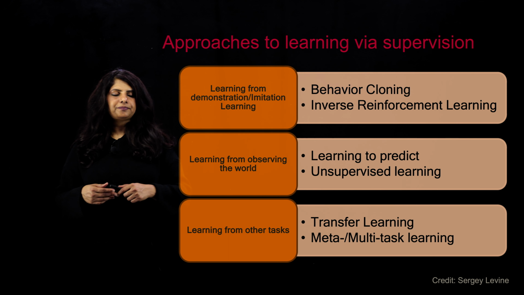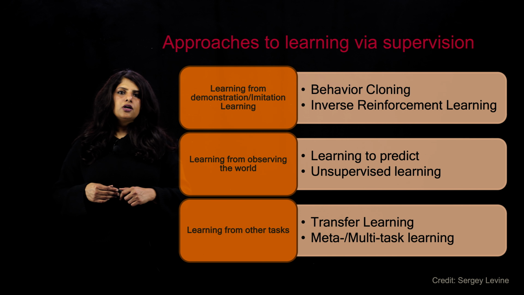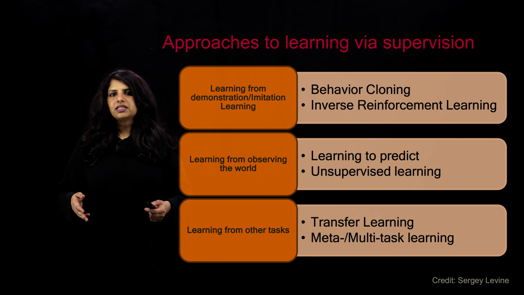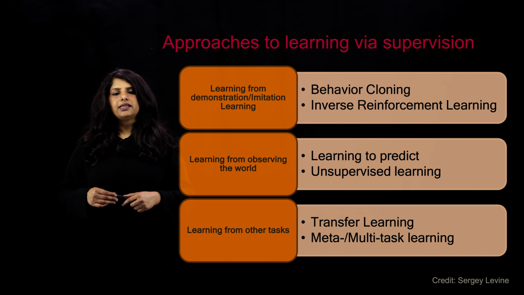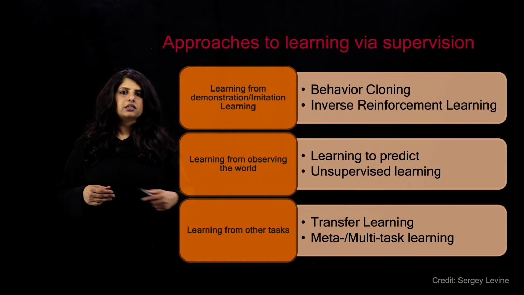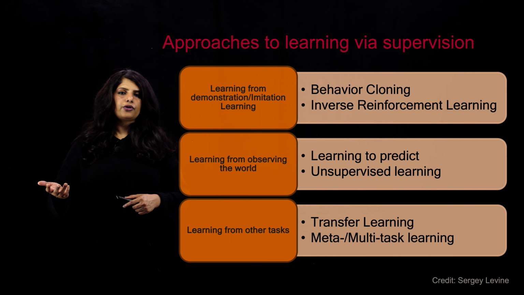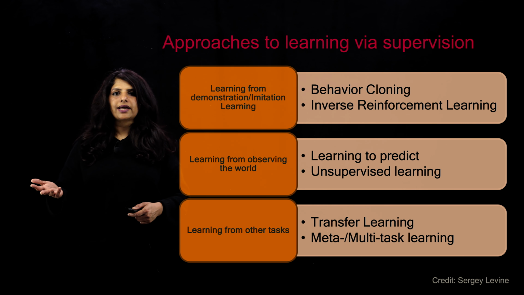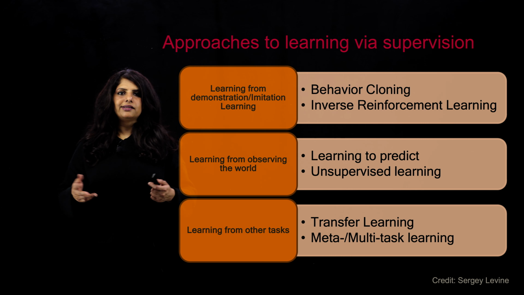In the third case of learning from other tasks, we could potentially have cases where the agent already has some experience in solving tasks previously, and we're interested in generalizing to new skills without having to train from scratch every single time. There's possibilities for us to learn how to learn from these previous tasks that the agent has experience with, and this can be done with the use of things like meta-learning.